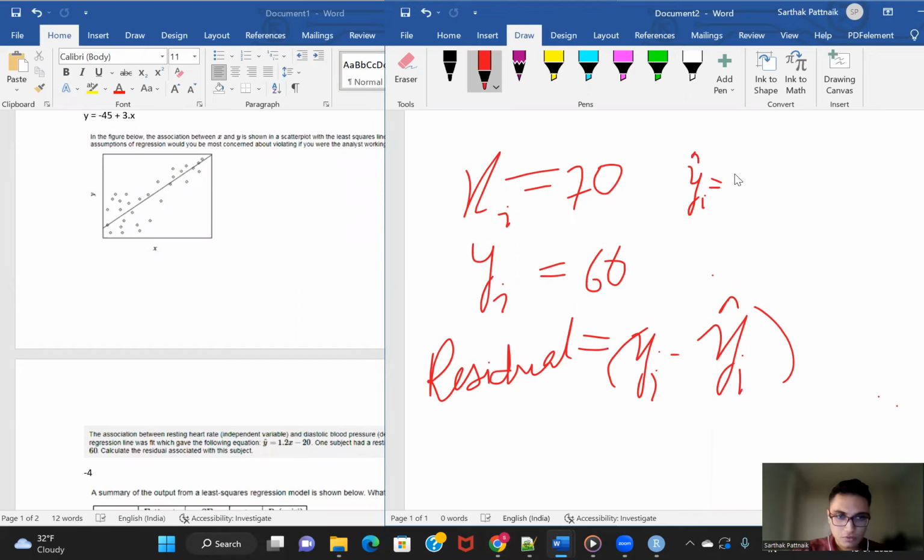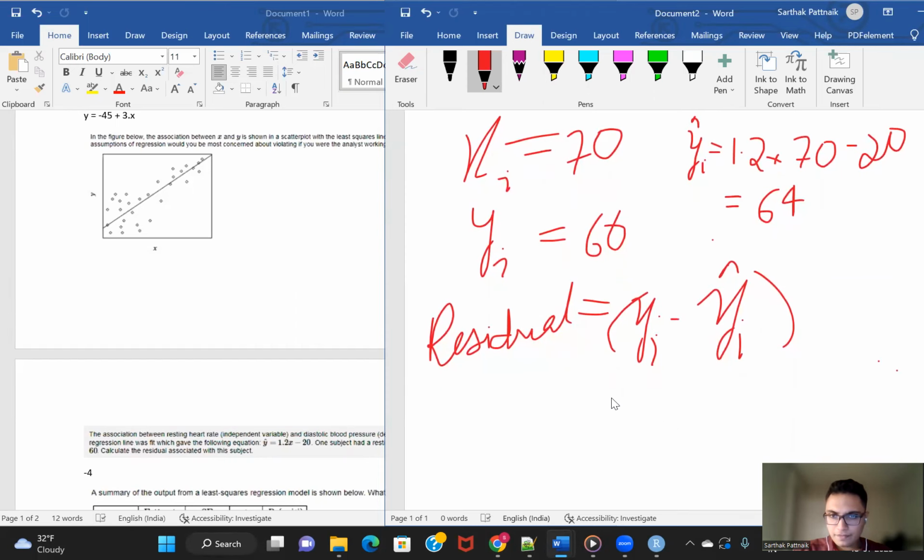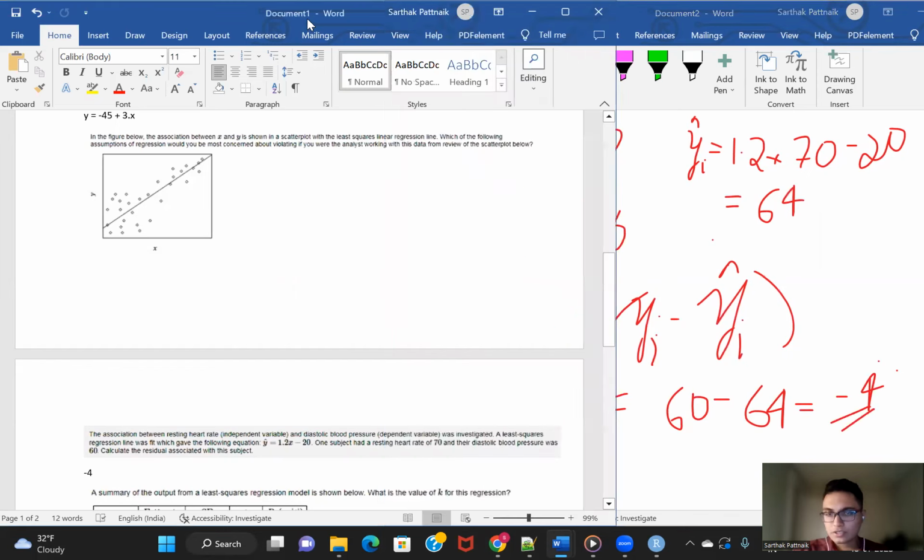So yi cap is equal to 1.2 into 70 minus 20, which is 64. This is equal to 60 minus 64. You get minus 4. This is how you calculate the residual.